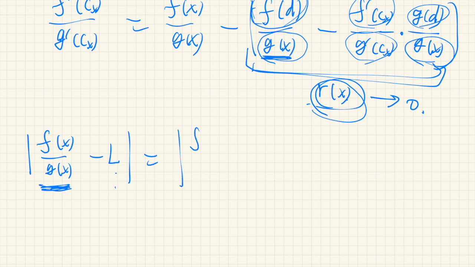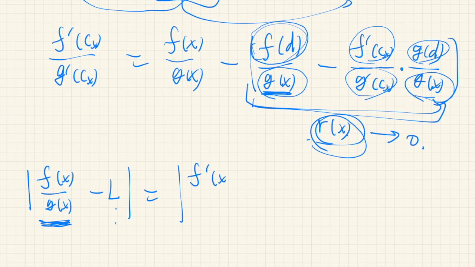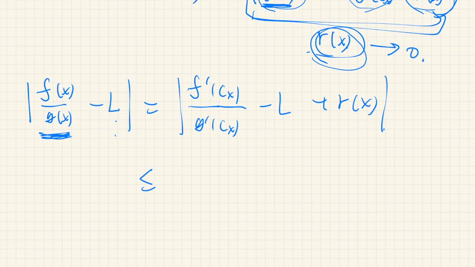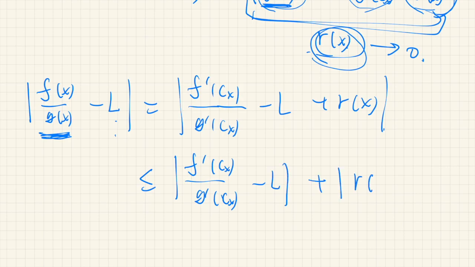So now we have this f prime of cx over g prime of cx minus L plus r of x. Now use the triangle inequality: the absolute value of f prime cx over g prime of cx minus L, plus the absolute value of r of x.